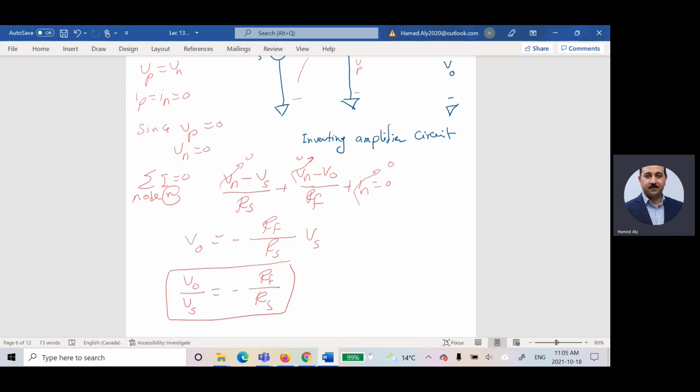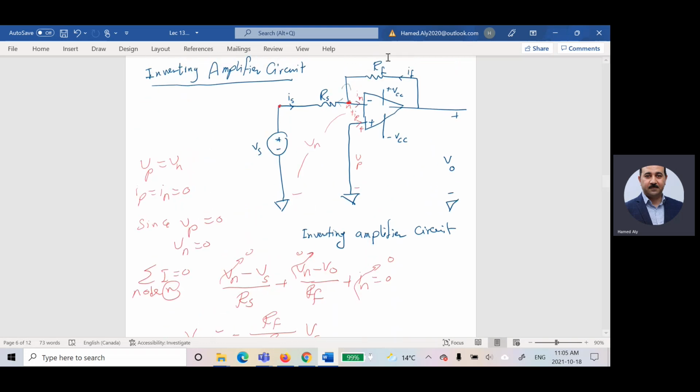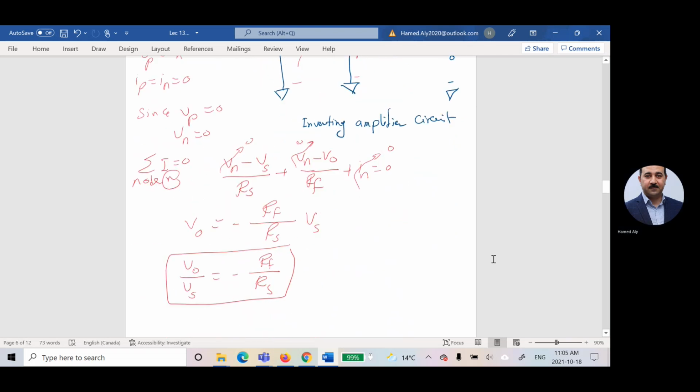And I told you that V output over V input should be equal to negative a certain constant, which is RF over RS in our case, which is the feedback resistance, this guy, divided by the source resistance. So we are calling that RF over RS the gain of my circuit.